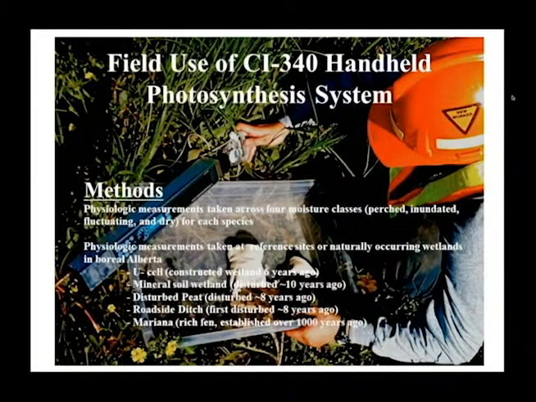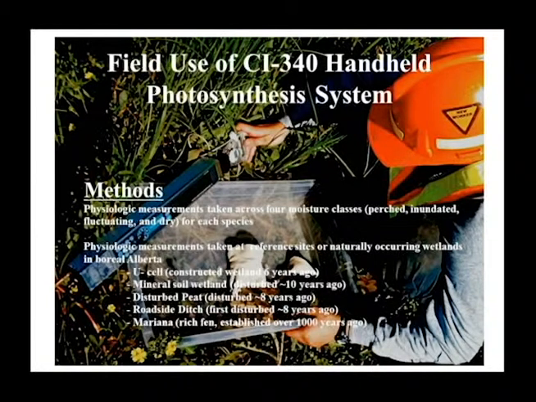And their characteristics differ in that the mineral soil is drained a lot when it rains. The disturbed peat was actually part of a bog before the road was built through there. And then the roadside ditch is much closer to the road, and it's constantly receiving more disturbance from runoff every time it rains through the road, or runs off the road and then floods the ditch.